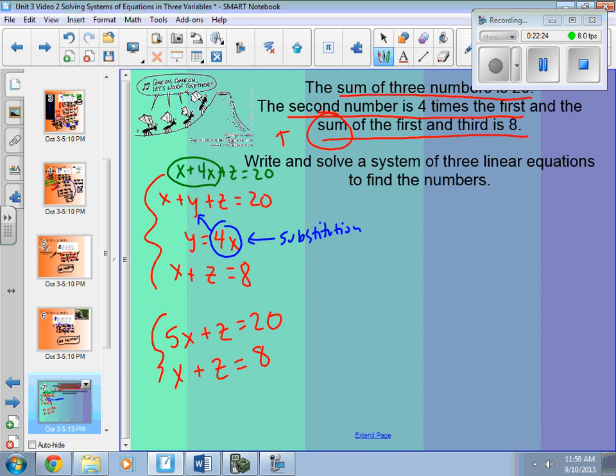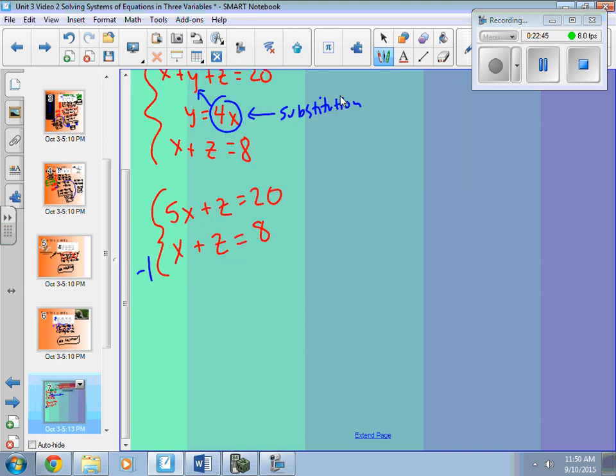Now we've turned our problem into 2 equations with 2 variables. We've gotten rid of the y. So now this is like we did yesterday. Again, solve this out, and we should be able to come up to the answer. This would be one we can multiply by -5 to the bottom or -1 to either, and we should get it. I'm going to multiply the bottom by -1. So if we do that, our bottom equation will become this.